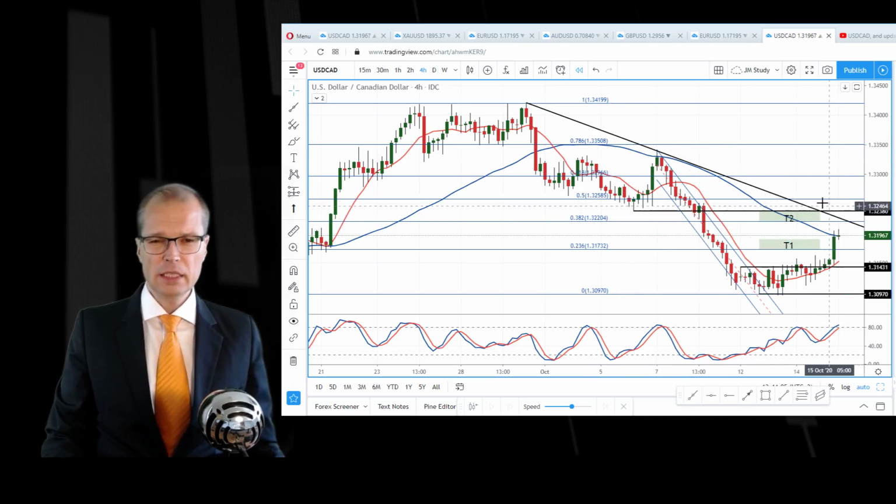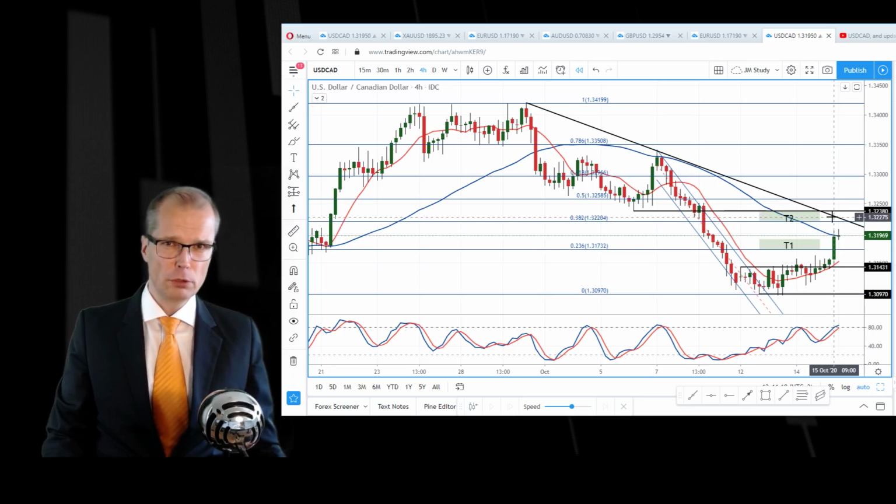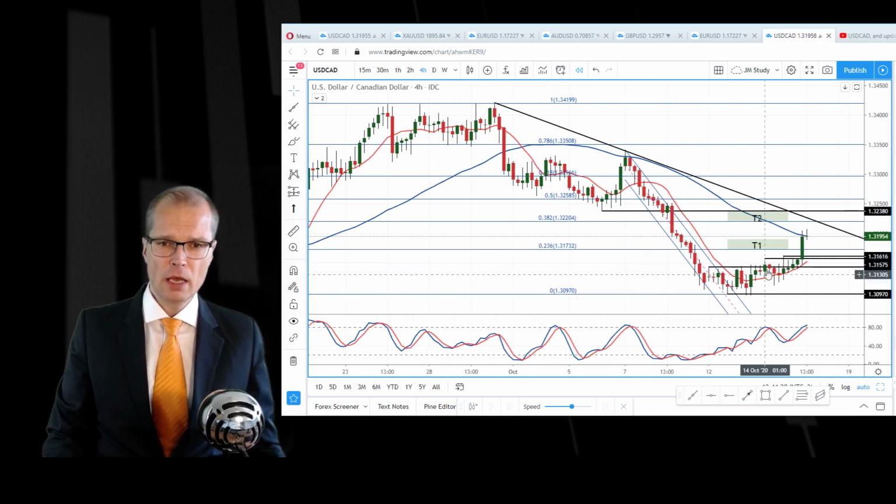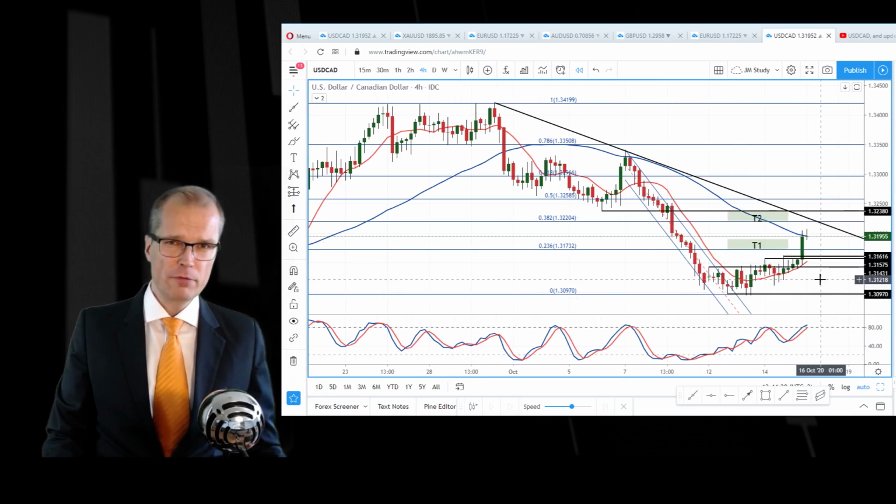So I think this kind of a confluence here makes it a little harder for the bulls to push the price beyond this level. So it makes the price or the USDCAD a little vulnerable there, and could mean a price retracing back. So should this happen, I think these highs here that used to resist the price movement higher would be interesting levels where we should be following price action.